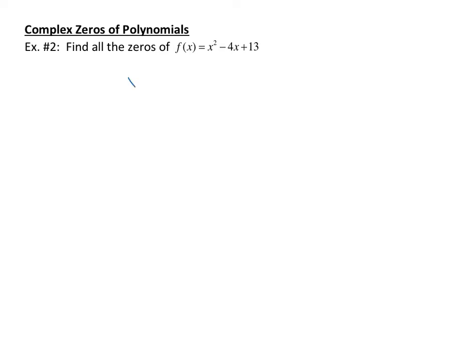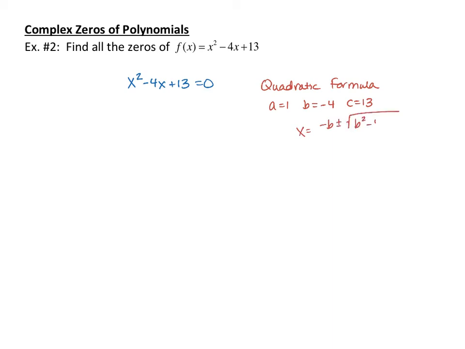So if we wanted to solve x squared minus 4x plus 13 equals 0, our other choice, rather than completing the square, would be to use our quadratic formula. So if we're using our quadratic formula here, a is equal to 1, b is equal to negative 4, and c is equal to 13. So remember, our quadratic formula is the opposite of b plus or minus the square root of b squared minus 4ac all over 2a.